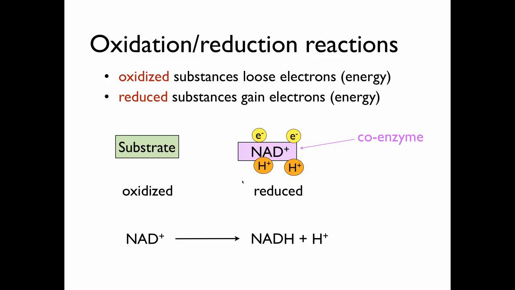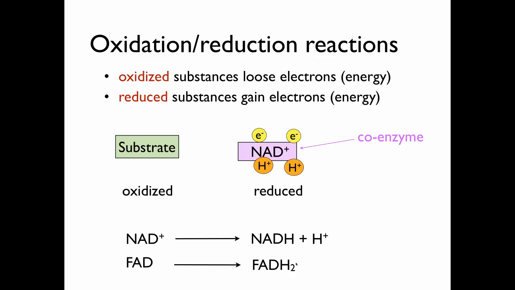So NAD becomes NADH plus H. If we're talking about the other coenzyme, FAD, it becomes FADH2. So oxidized form, NAD or FAD; reduced form, NADH or FADH2.